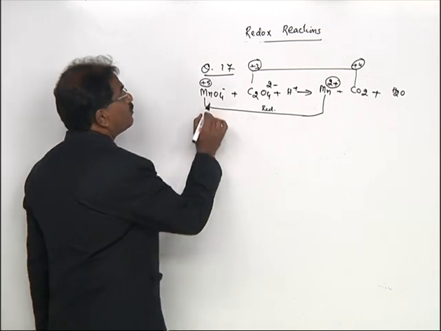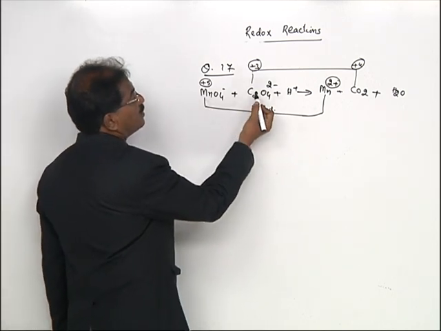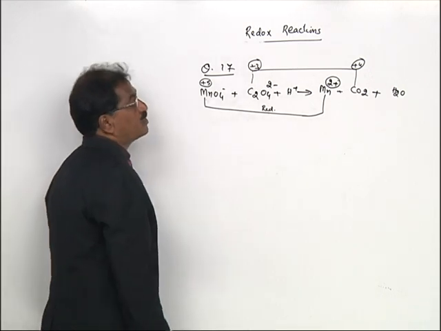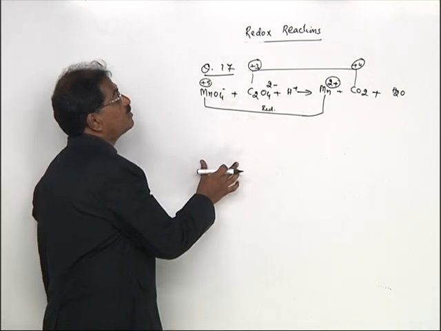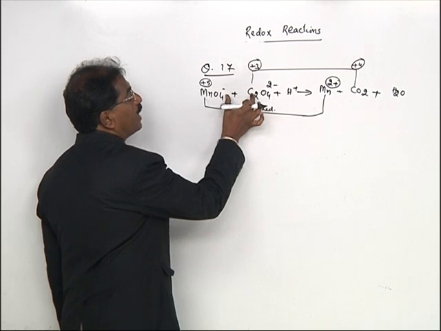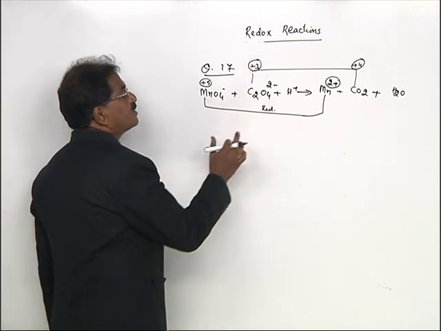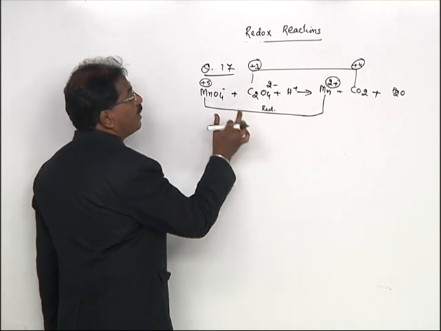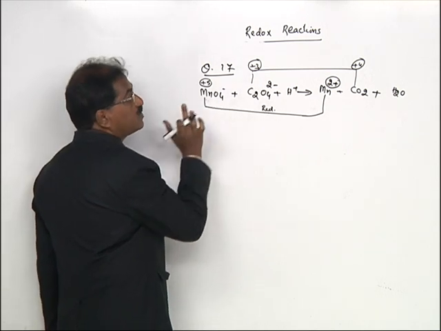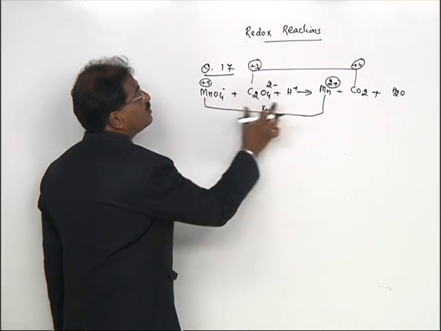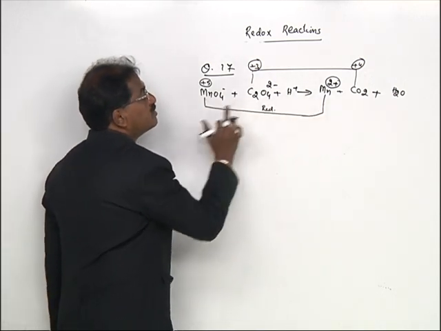Therefore, for manganese and for carbon there is a change in the oxidation state. So the first step is always the identification of the atoms whose oxidation state is changing. Next, the second step is to balance the atoms whose oxidation state is changing. For manganese, now balance the manganese atoms.